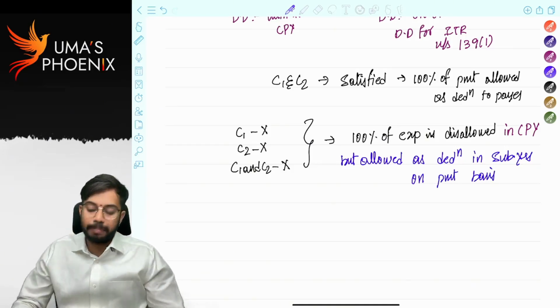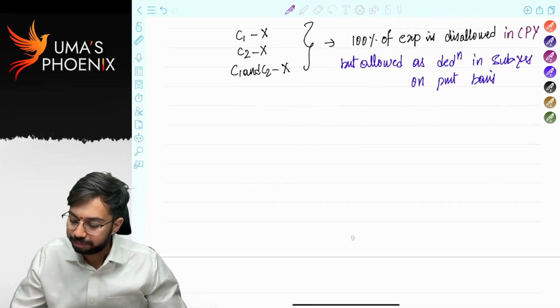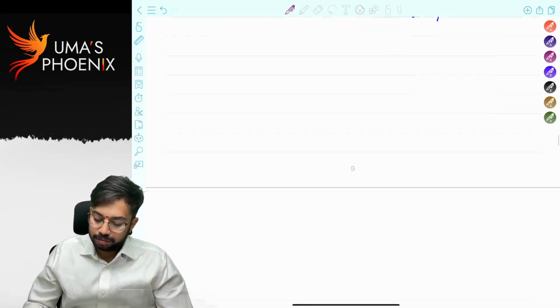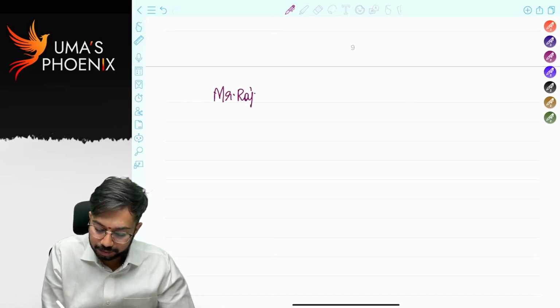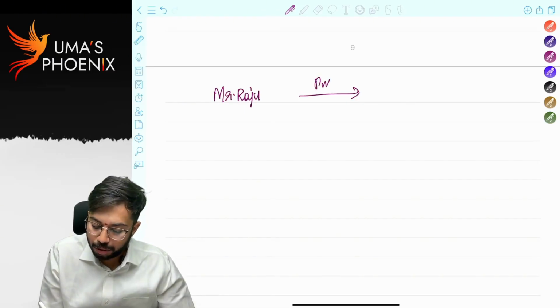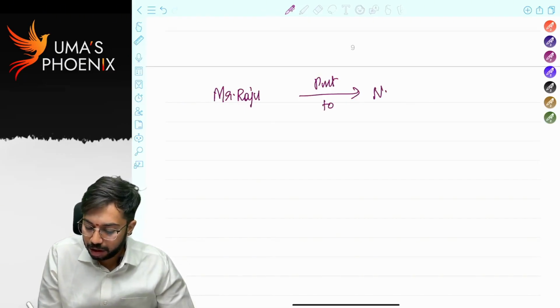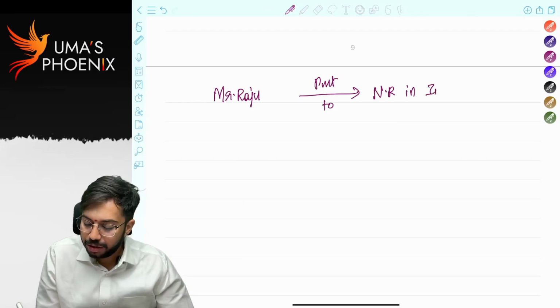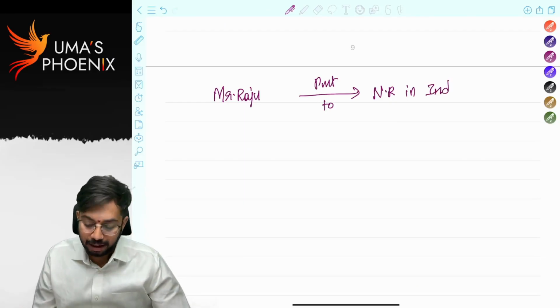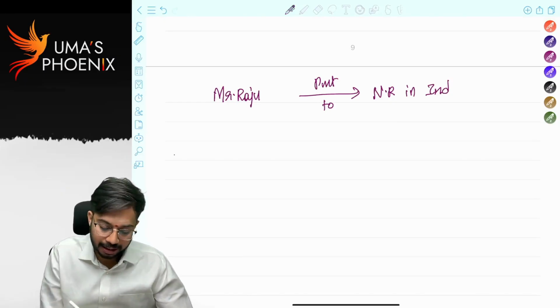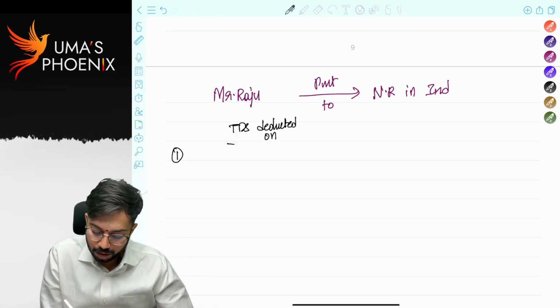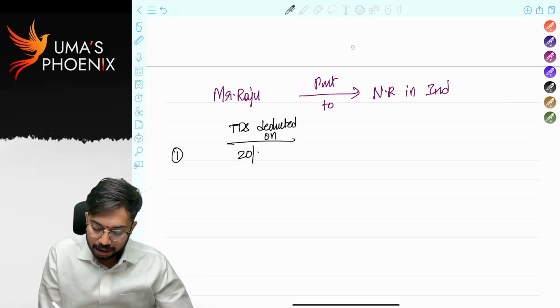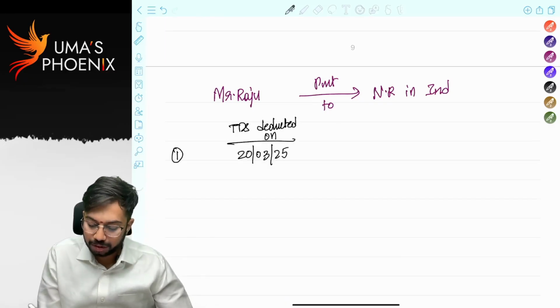I will tell one example so you will understand. Mr. Raju is there. He is making payment to a non-resident in India. So he is required to deduct TDS, right? Now let us see various cases. Case 1, TDS deducted on 20 March 2025.